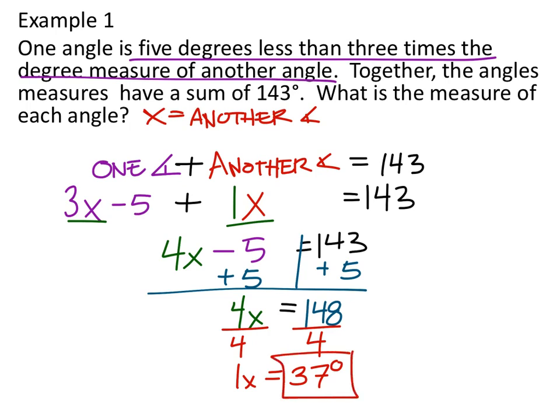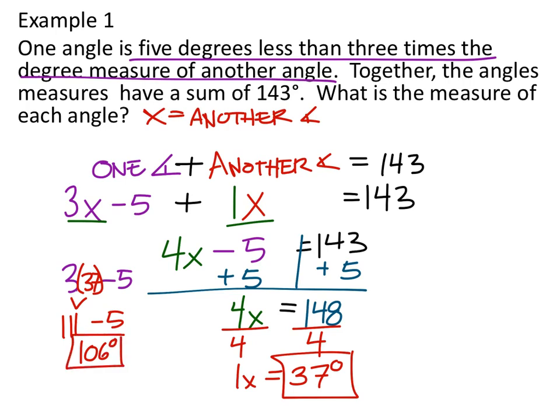The other angle would be the 3x minus 5. But now we figured out what that other angle is, so I'm going to replace it with 37. So 3 times 37 minus 5. And 3 times 37 is 111 degrees, minus 5 would give us 106 degrees.